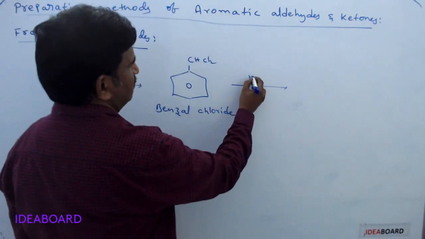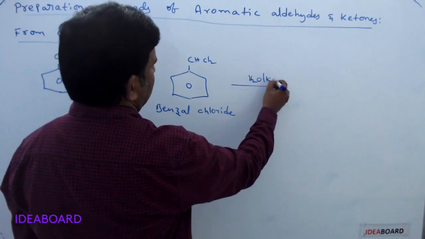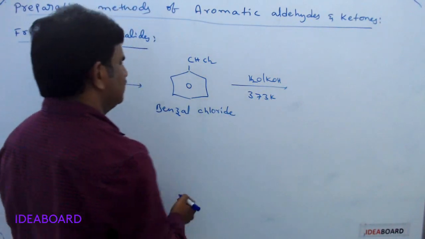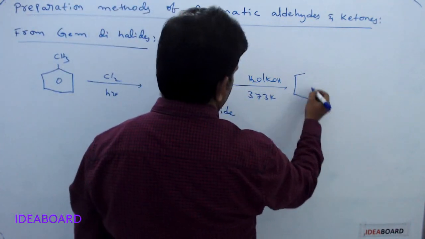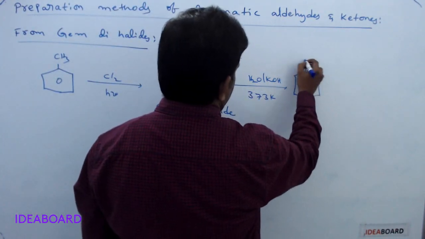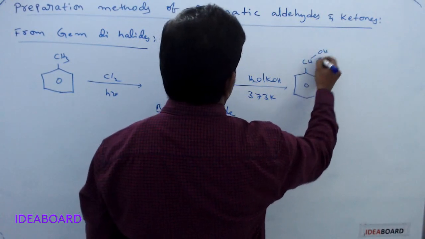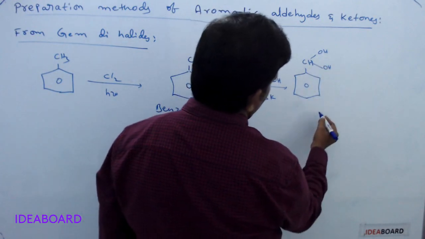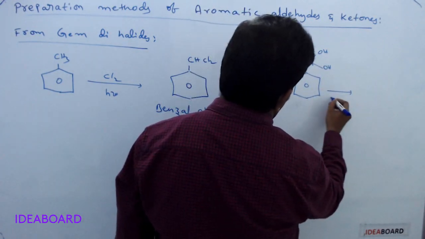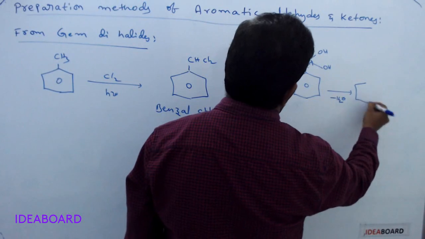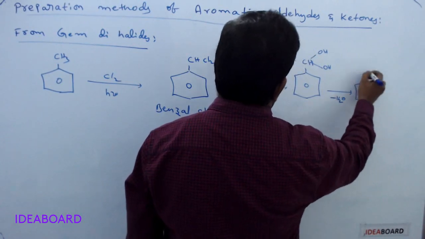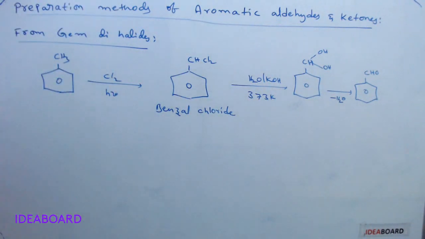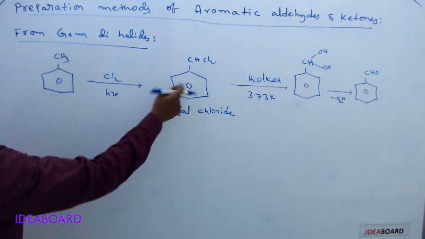This undergoes hydrolysis with H2O and KOH or NaOH at 373 Kelvin temperature. By the hydrolysis process, it forms CH with two OH groups, two molecules of H2O. The two OH groups present are unstable, so it releases a water molecule and gives benzaldehyde. So this is from a gem dihalide.